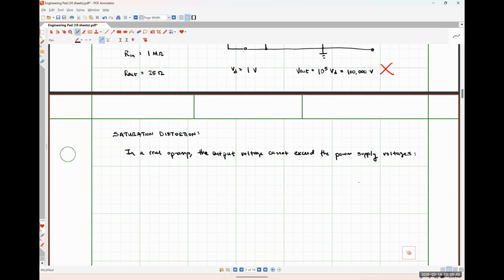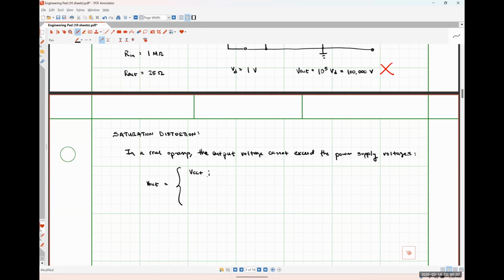So, generically speaking, for this class, we are going to say that our output voltage is going to be what I'm going to call VCC plus. This is our symbol for our positive supply voltage.